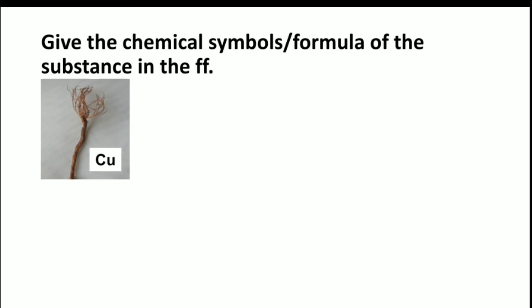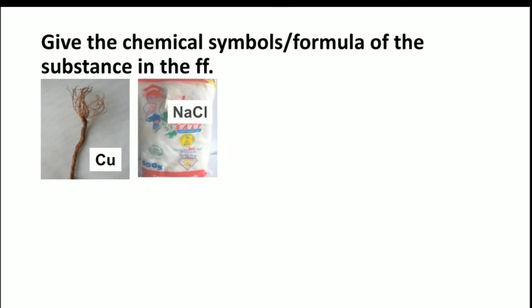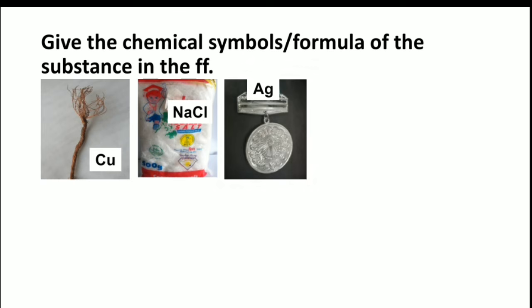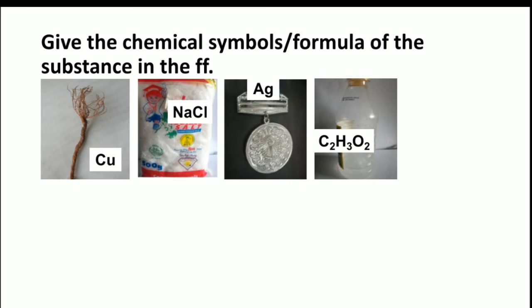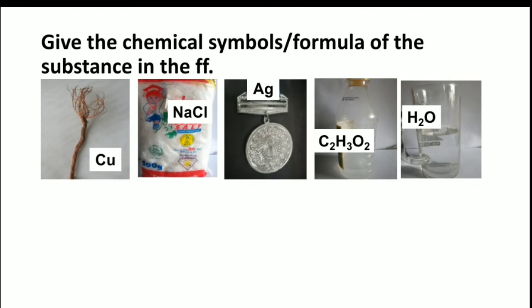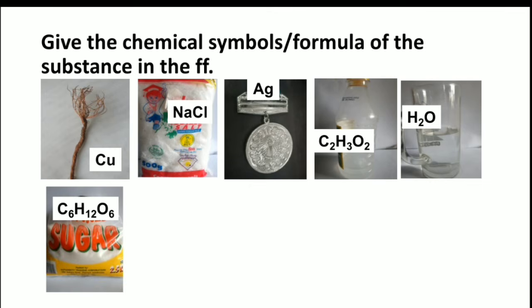So give the chemical formulas for the following substances or symbols. Let's try this. So this is your electrical wiring. That is copper, and copper is Cu. Salt is NaCl, silver is Ag, vinegar is C2H4O2, water is H2O, sugar is C6H12O6, although this is only the chemical formula of the smallest unit of all carbohydrates.